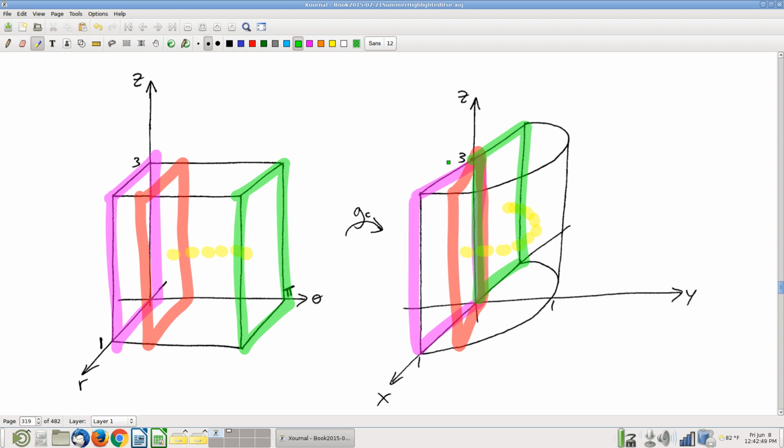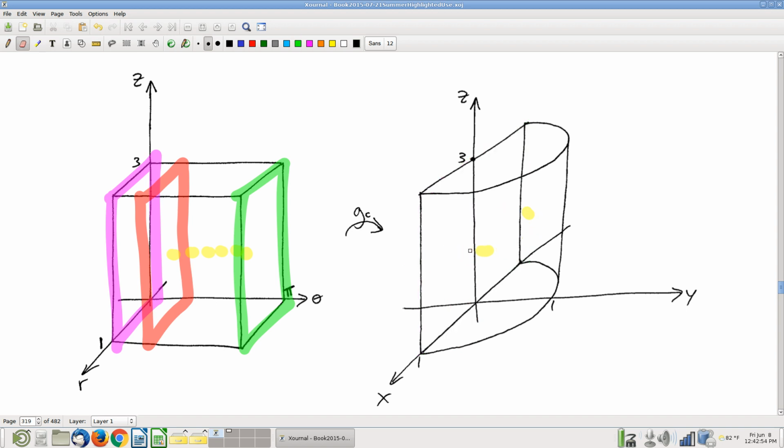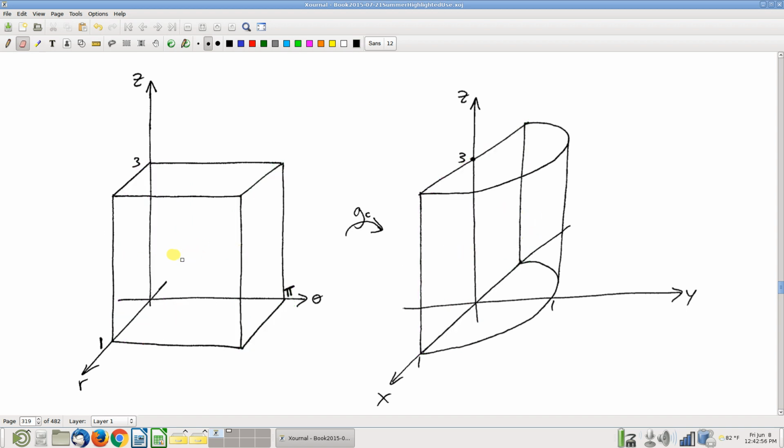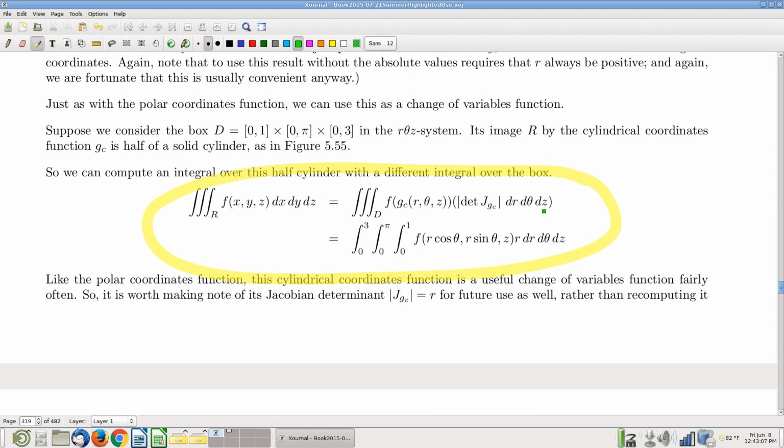Everybody see the process there? So this is another perfect situation for a pullback. If I'm interested in doing an integral on this domain, we will instead pull back, and do an integral on this domain. Don't forget your stretching factor. And everything works out really nicely. So the stretching factor is right here, aka R. Everything else is just a matter of plugging in.